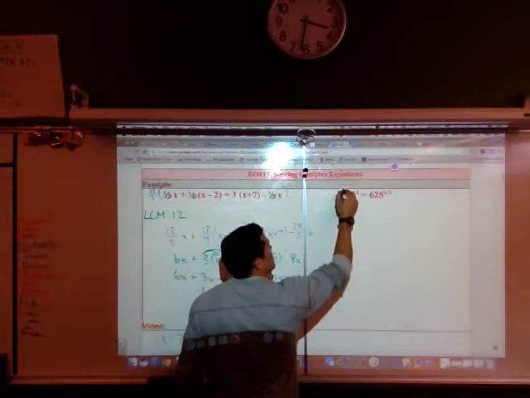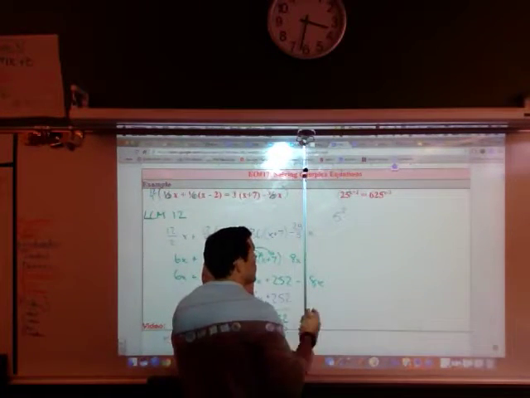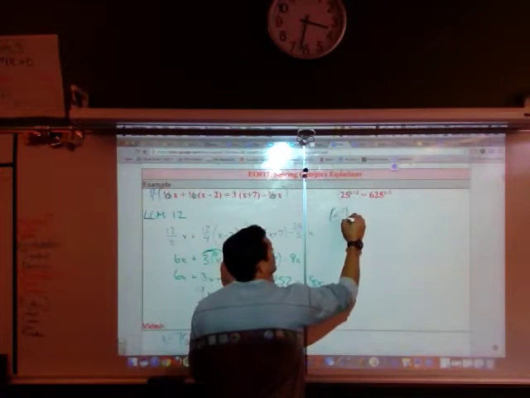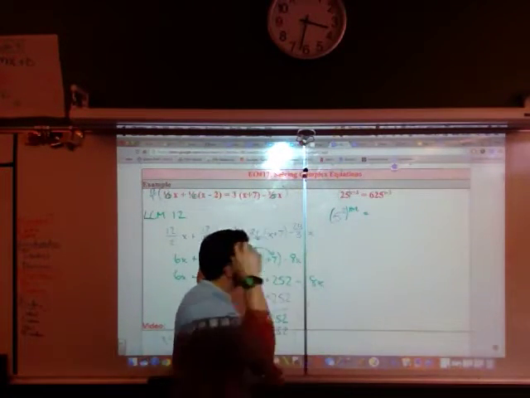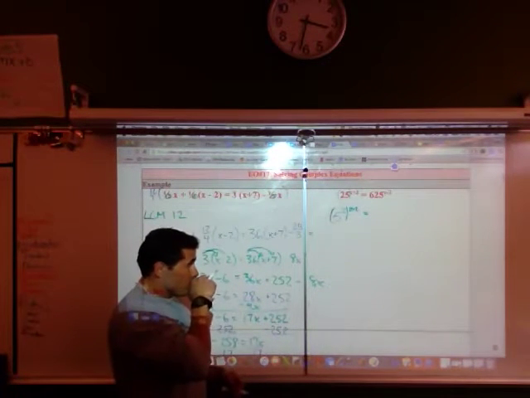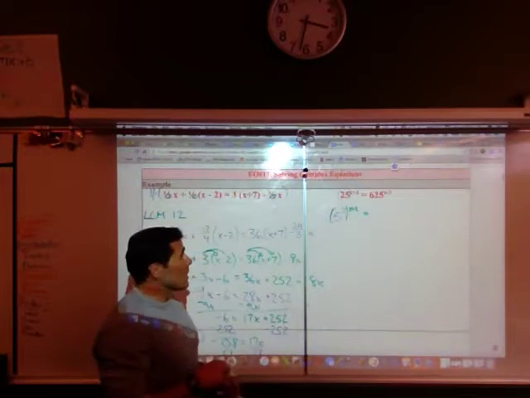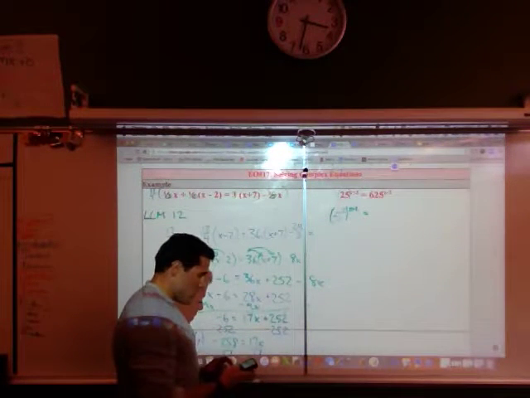So I'm rewriting this 25 as 5 to the second power. And so that is going to get raised to the x plus 2. Equal to 625. That actually is 5 raised to the 5th. No, 5 raised to the 4th.